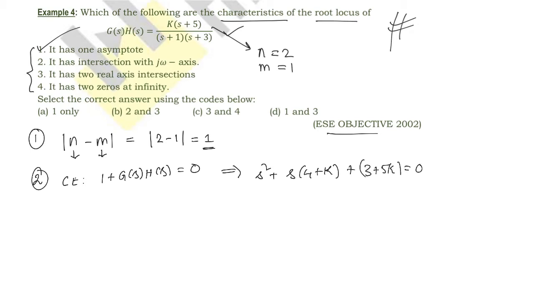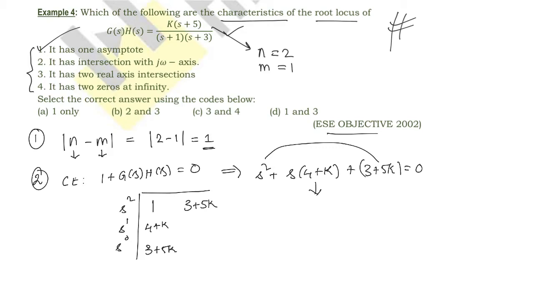So this is of order 2. It starts from s square, s power 1, s power 0. The first row has 1 and 3 plus 5k, the alternate coefficients, and the next row has 4 plus k. So s power 0 will be 3 plus 5k, as (4 plus k) into (3 plus 5k) minus 1 into 0, divided by this, you will get this.